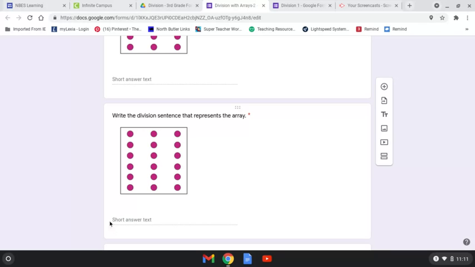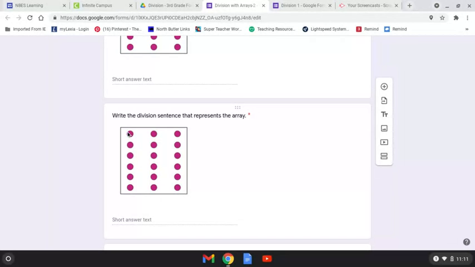You would start with your dividend, your big number, divided by, and you can either put how many rows or columns, and then equals, and then you would use the other number. If you use columns here, it would be rows here. So for example, in this one, we have 3 columns and 1, 2, 3, 4, 5, 6 rows.